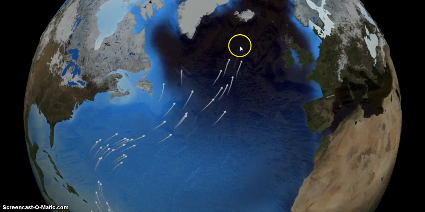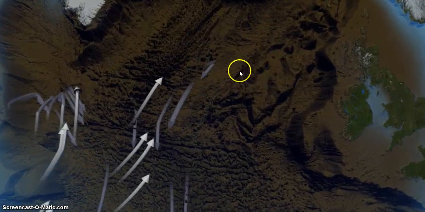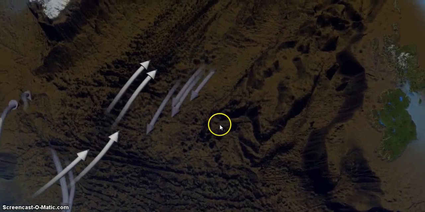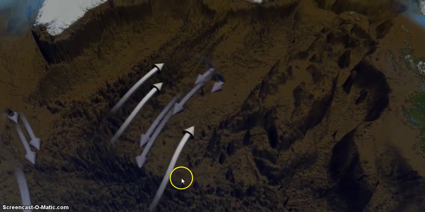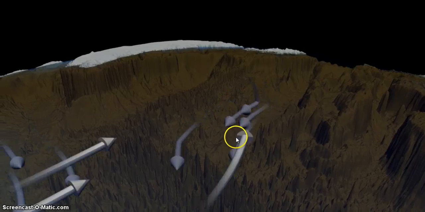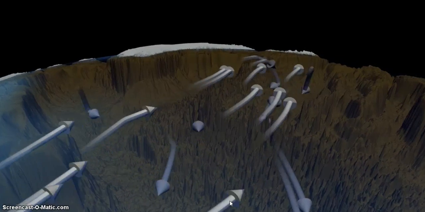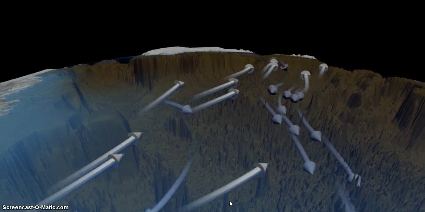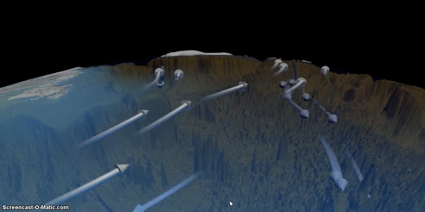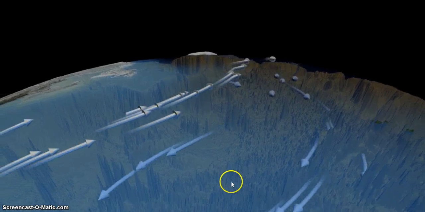It comes up through here, and when it gets up here, the water gets so cold, it actually sinks. And when it sinks, it goes down, and you can see it turning right here, sinking, and it actually heads back towards the equator. So here, it's coming back towards the equator.